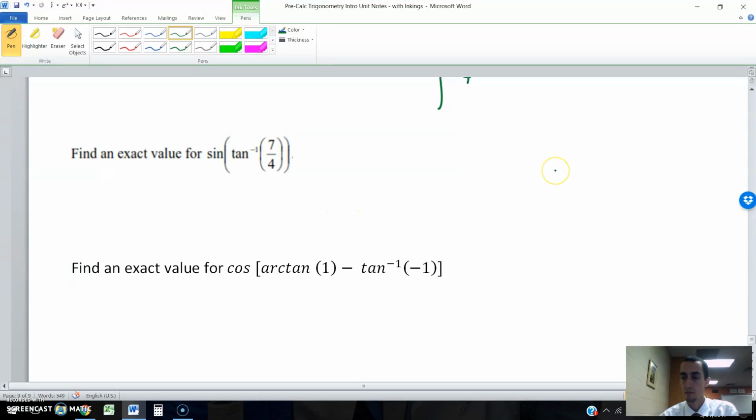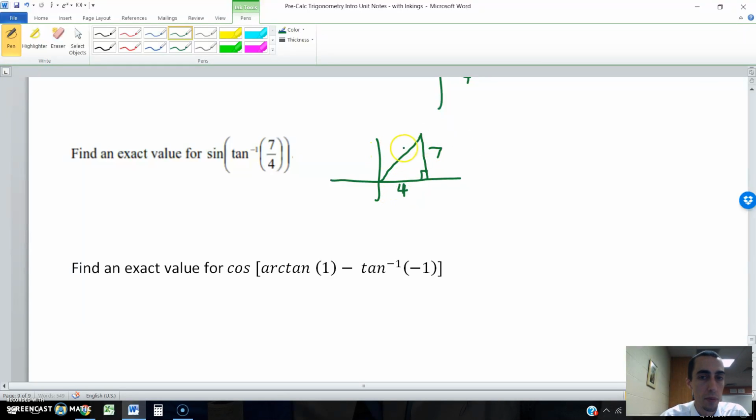Last two. Find an exact value for this expression. Let's start by drawing an angle with a tangent of 7/4. So y over x, 7/4.